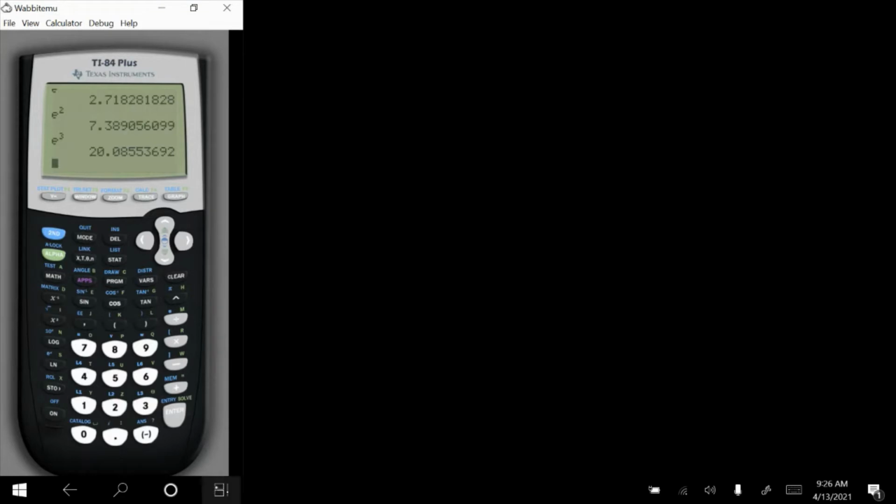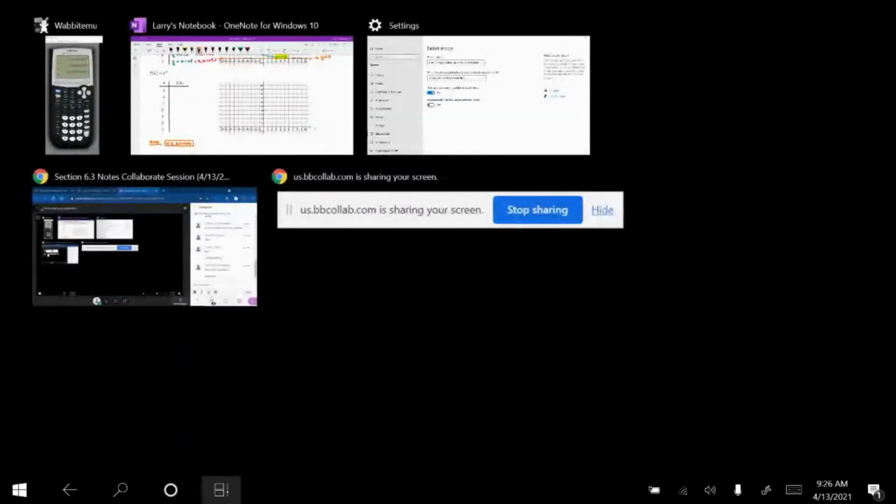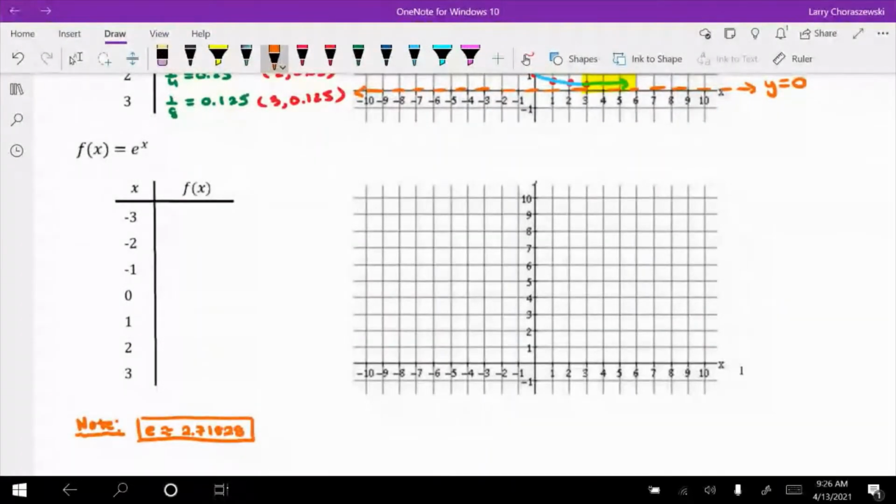So let me log these down in our table. e to the first, and I'm going to round to 2 decimal places, is approximately 2.72. e squared was approximately 7.39. e cubed, approximately 20.09.